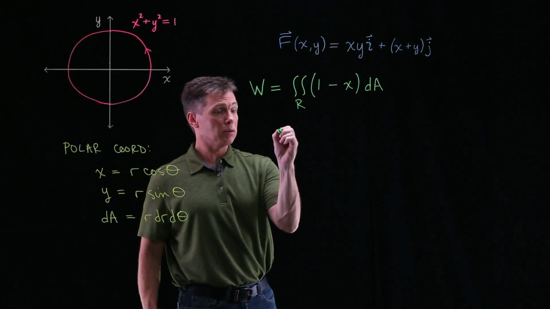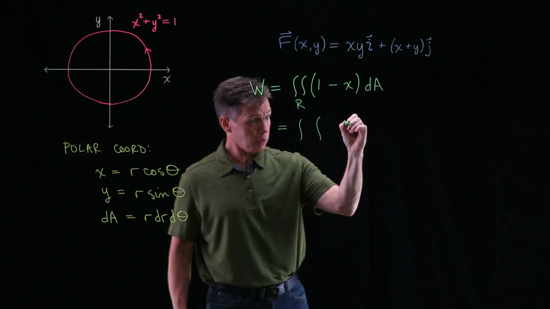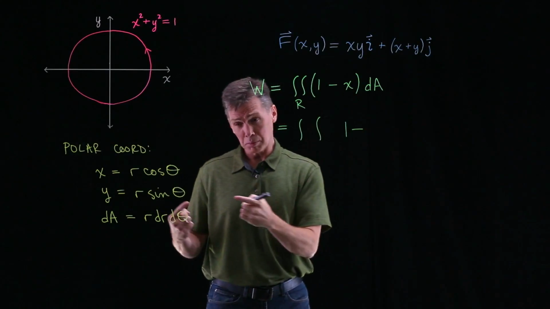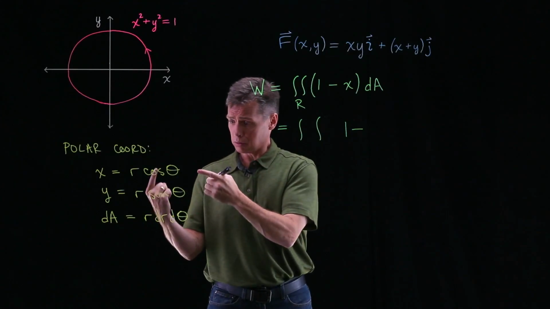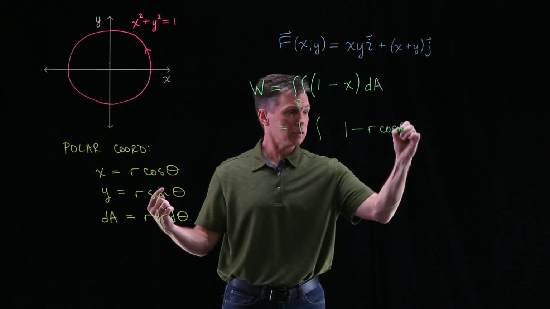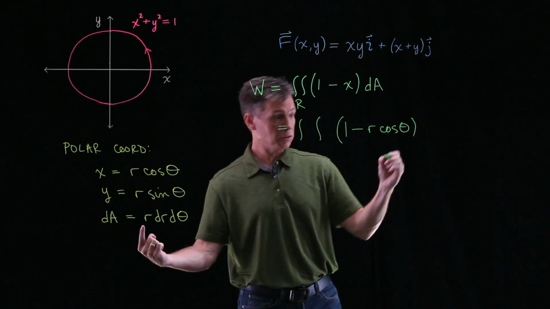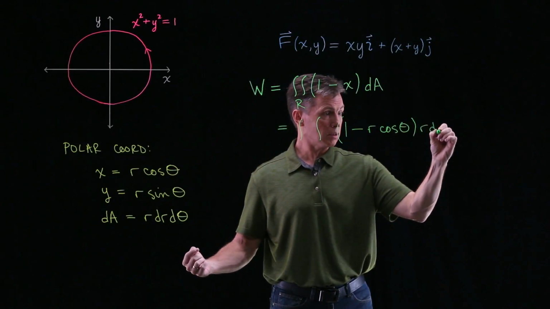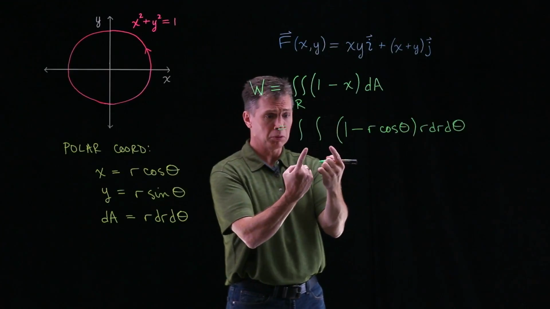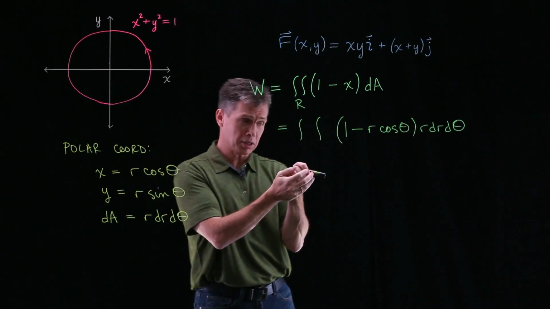So this integral now equals, it's going to be a double integral still, and then 1 minus the x. I want to get in terms of my r's and thetas, so I look over here, and x is r cosine of theta, and then times dA, which is this r dr d theta. And I paused a little bit even when I wrote the integral signs down, because you want to think about your limits of integration now.